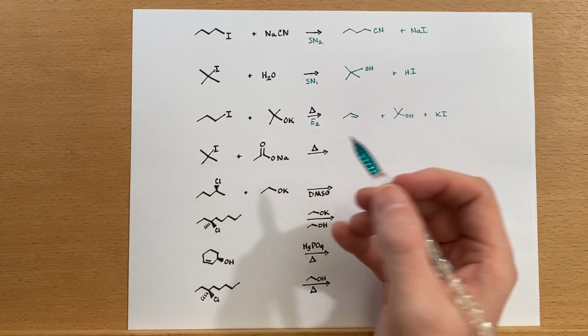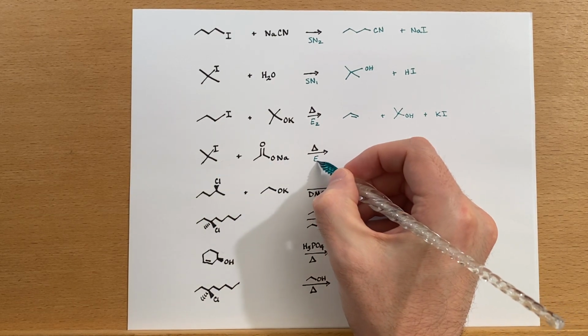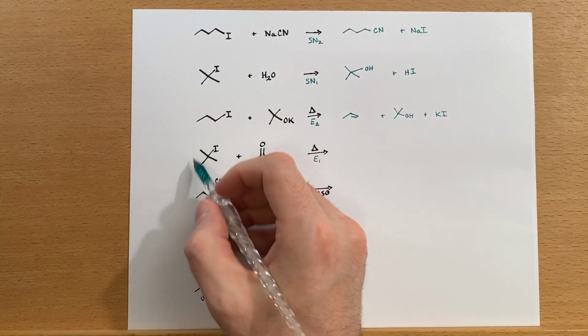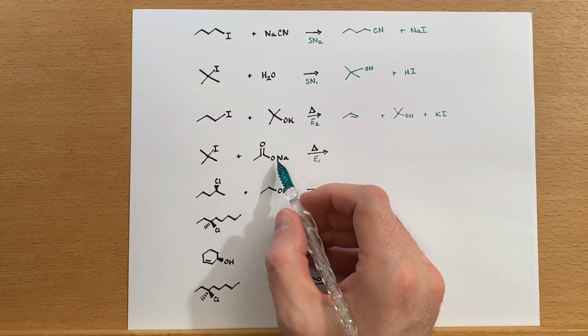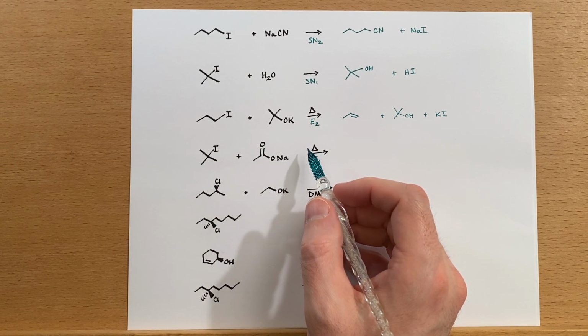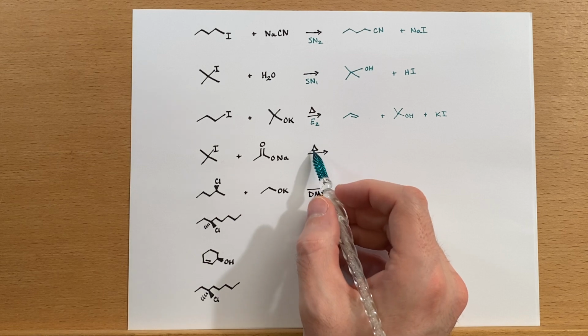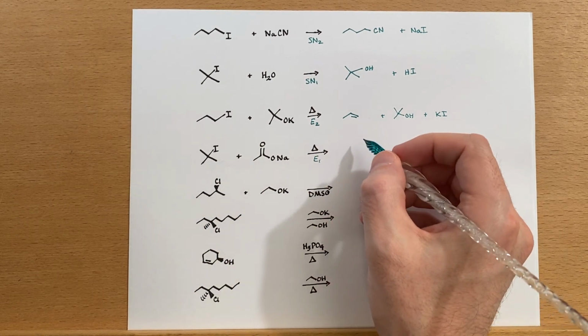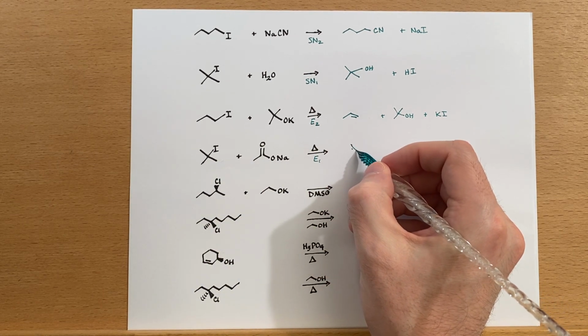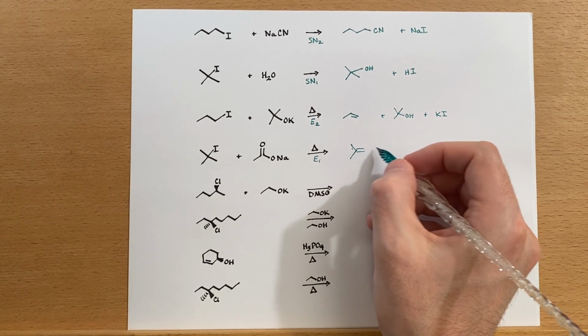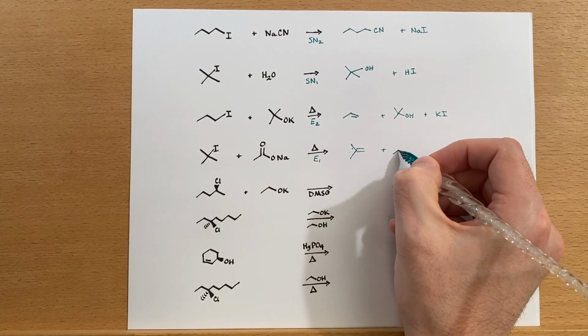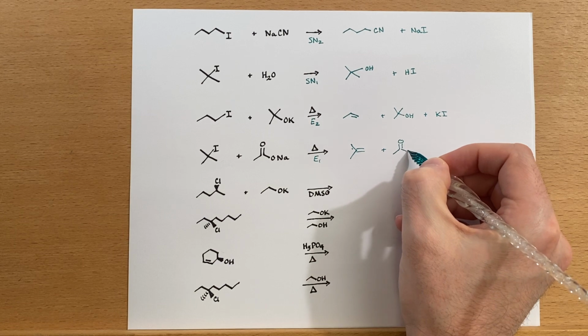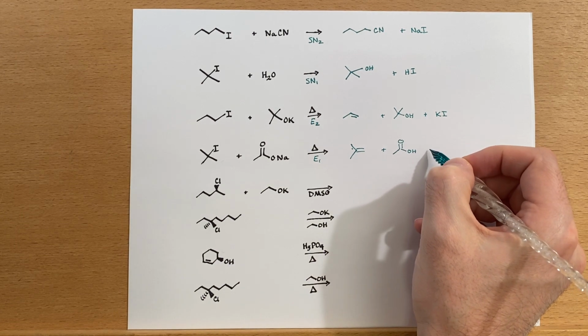Next, we've got an example of E1. And this is E1 because it's tertiary. We've got a base, it's not a particularly good nucleophile, and we're heating this, we're going to deprotonate something here. So we'll just draw that product plus the other things that we're going to make here too.